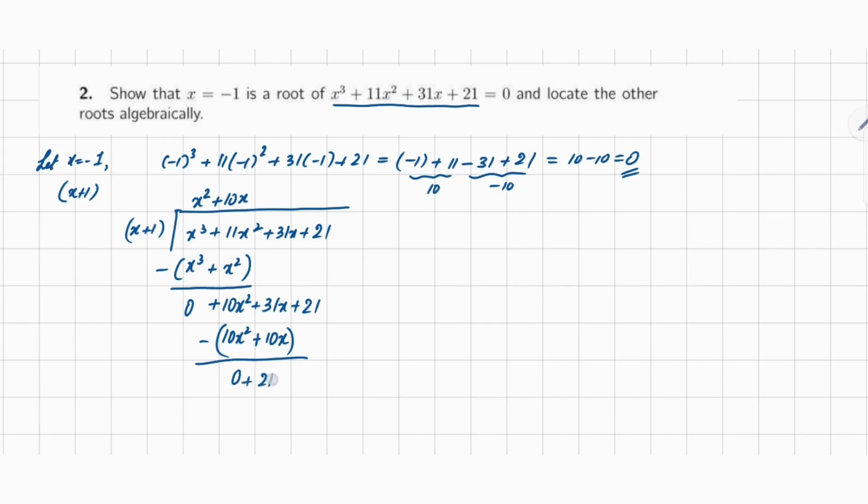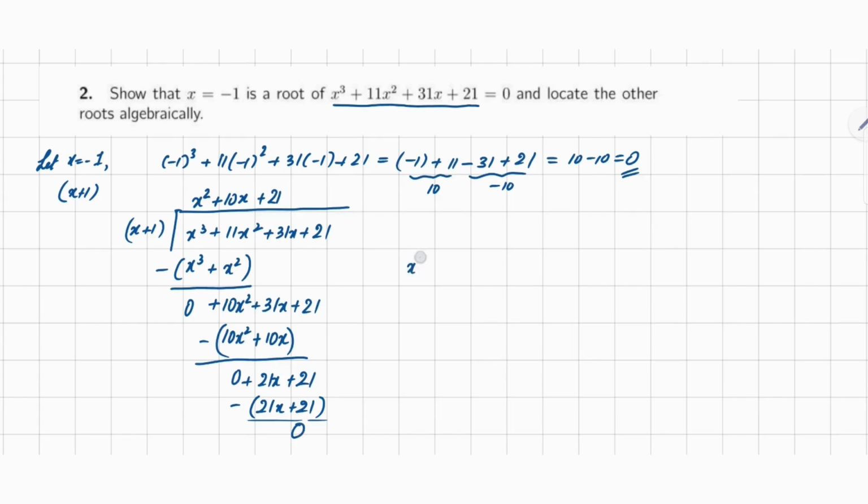21x plus 21. We need 21x, so we multiply x plus 1 by 21, and that gives us 21x plus 21. We subtract it and we get 0. 21x minus 21x is 0, and 21 minus 21 is 0.